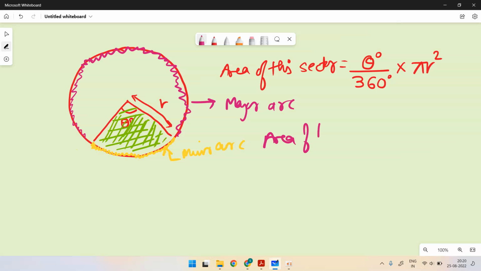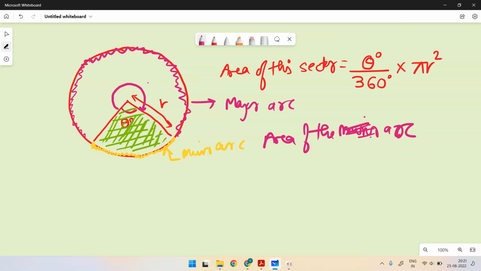See, the area of this sector was given using this theta, which is the minor angle. What is the major? The major angle will be 360 minus theta, from here to here.